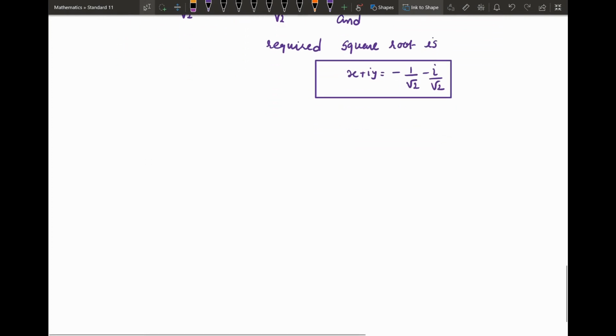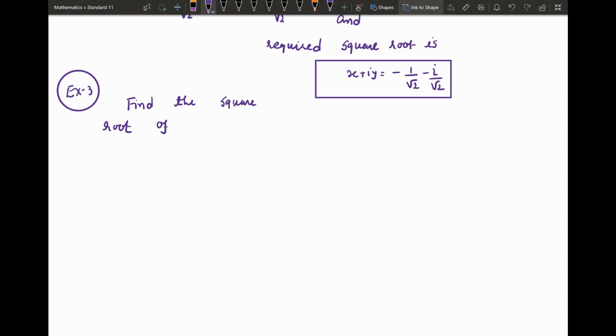Next one, find the square root of 1 plus i. So let us find the square root of 1 plus i. Solution.